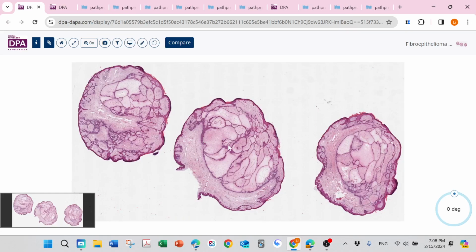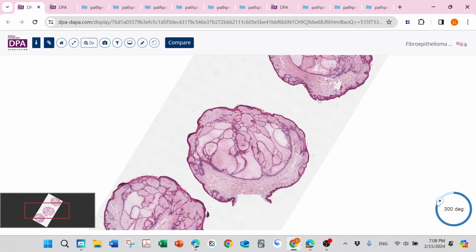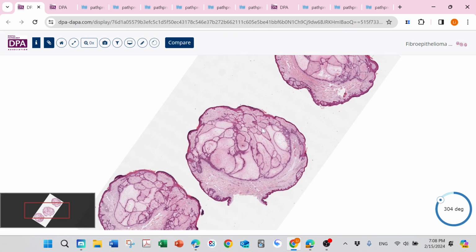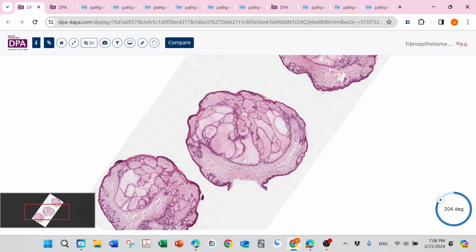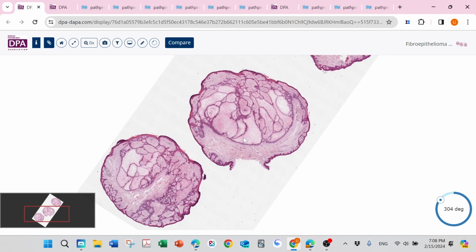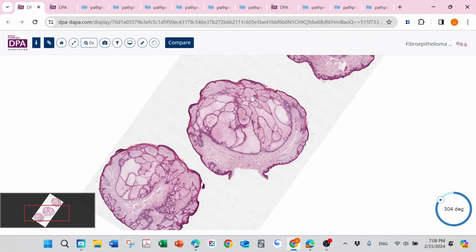Here is another variant called fibroepithelioma of Pinkus, a basal cell carcinoma. This is a dome-shaped nodule pushing out from the skin. Then they form this anastomosing, almost net-like structure.